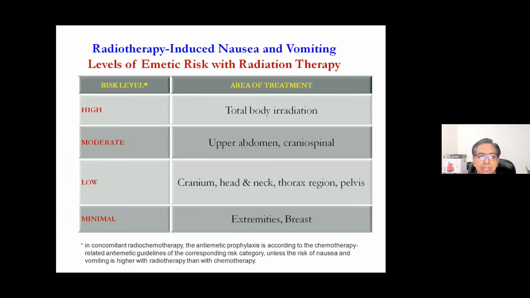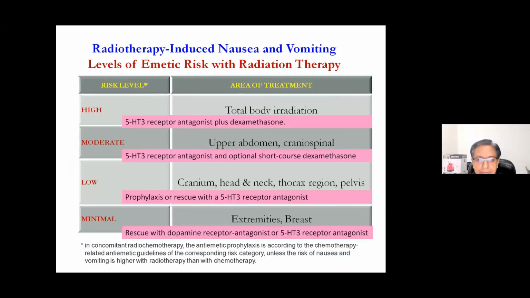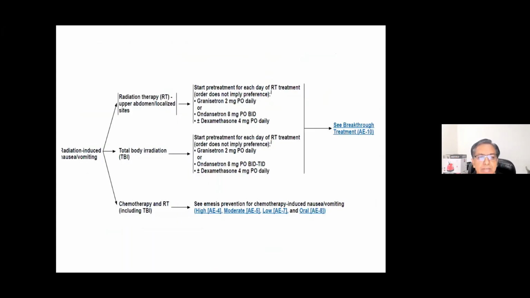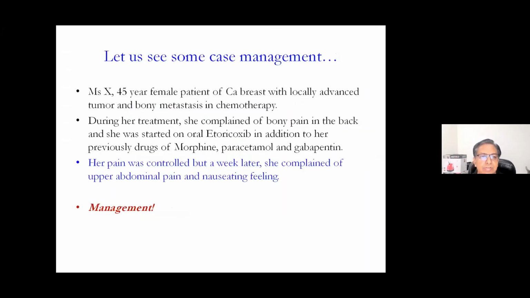Coming to radiotherapy-induced nausea and vomiting, it depends upon the emetogenic potential of radiation therapy, which could be high, moderate, or low, depending upon the area being exposed. Accordingly, we can use a combination of 5-HT receptor antagonists with steroid in the majority of them. If they have a low potential, probably a 5-HT receptor antagonist remains a good option. And this is again the same as in the recent NCCN guidelines.